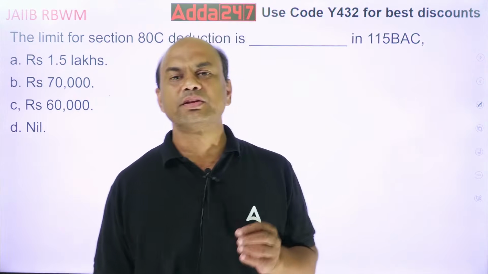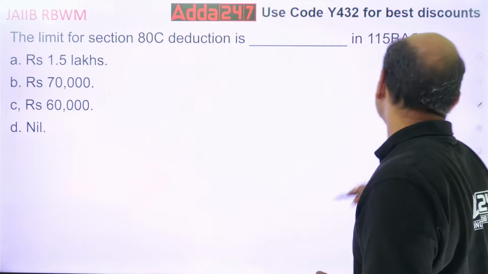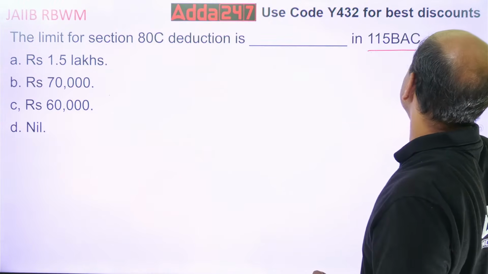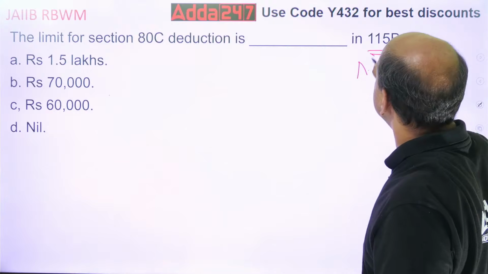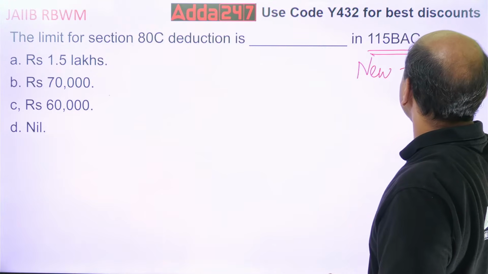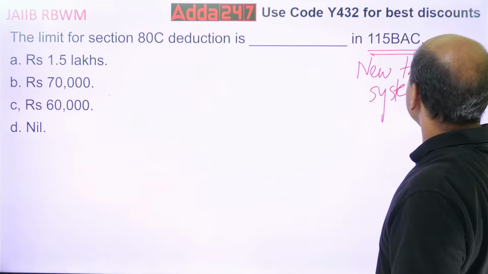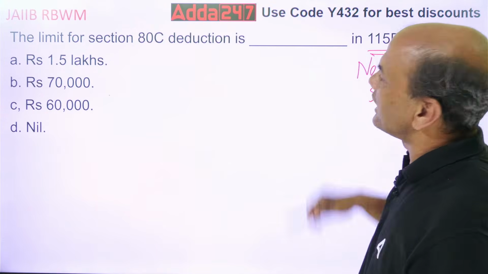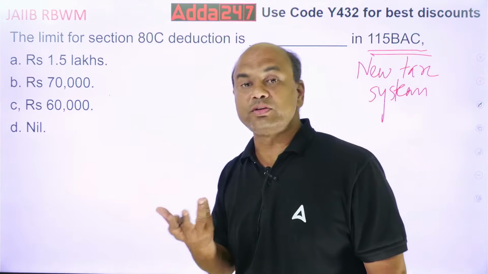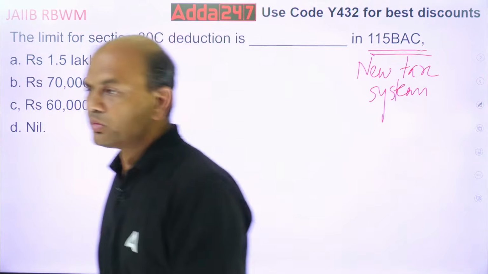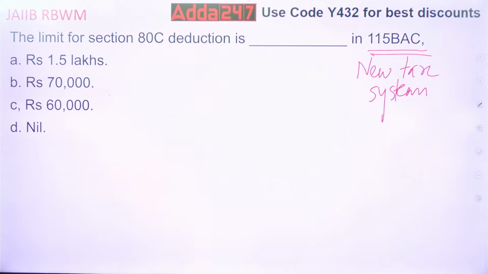The trap in this question is 115 BSC. This is the new tax system. So in this new tax system, what is ATC's value? Those who have answered A, would you like to change the answer now?